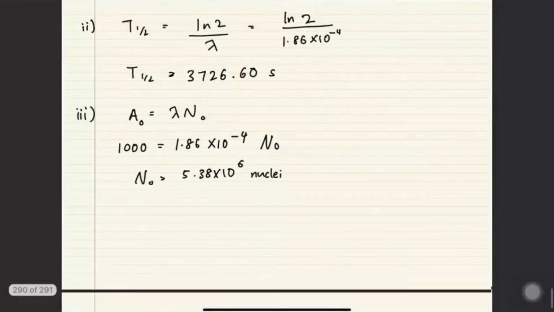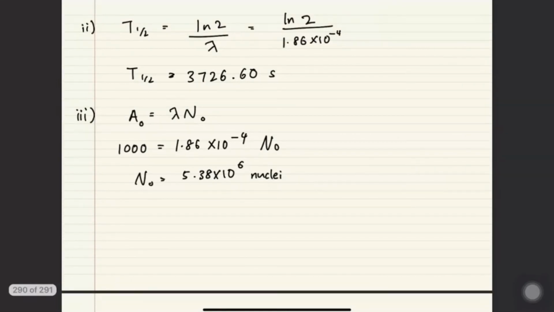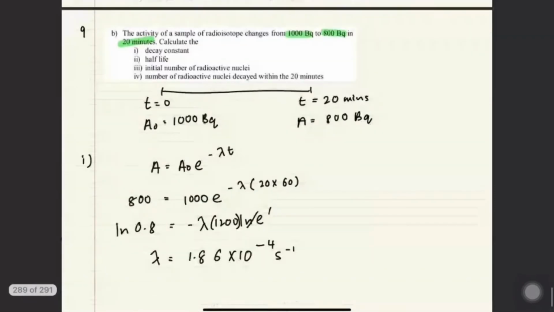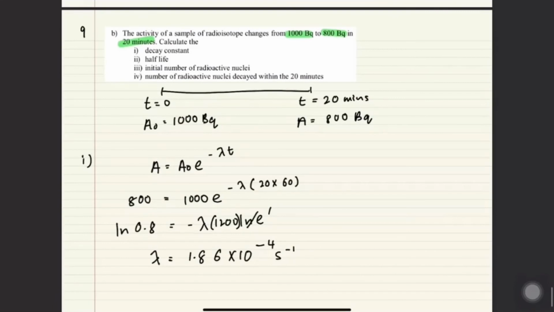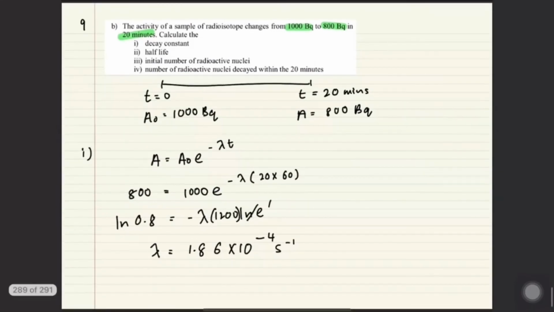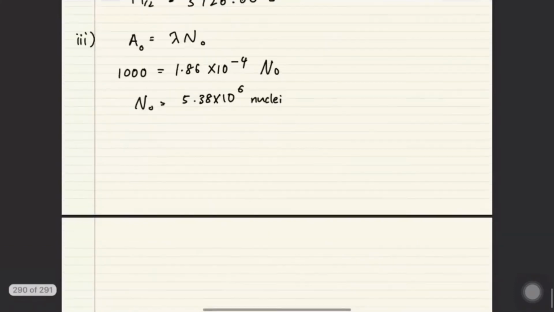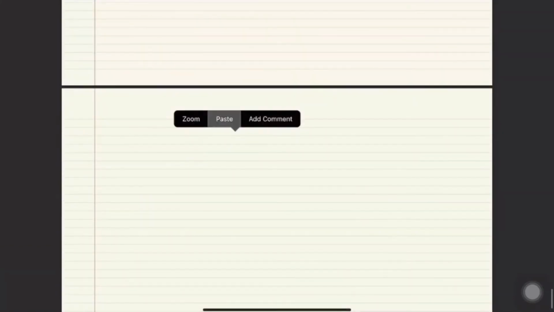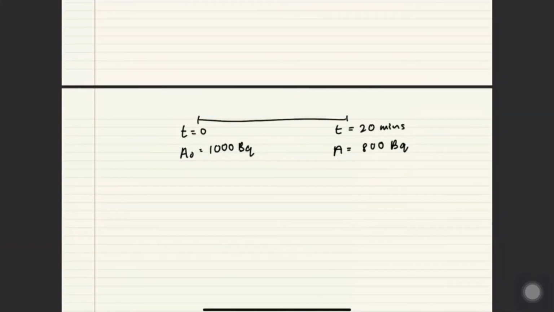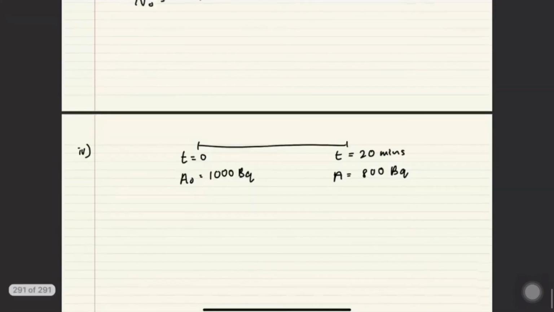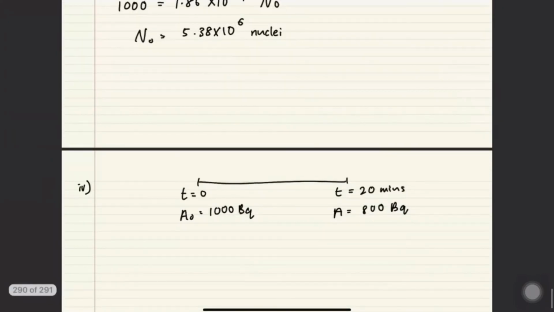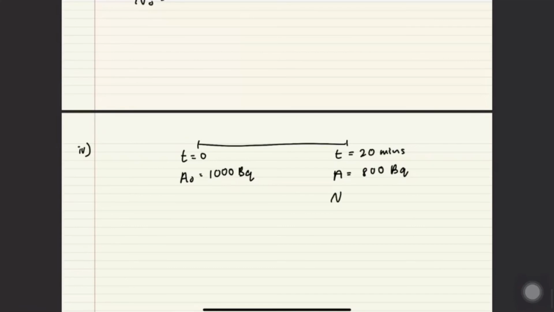Okay. So then I can calculate. Itu je lah. Soalan ni nak tu je. Yang last tu boleh kata numbers of radioactive nuclei decay within 20 minutes. Okay, the last question ni dia kata after 20 minutes dia nak cari berapa banyak yang dah decay.